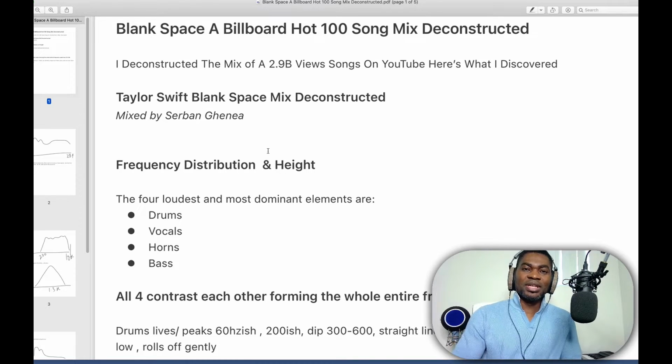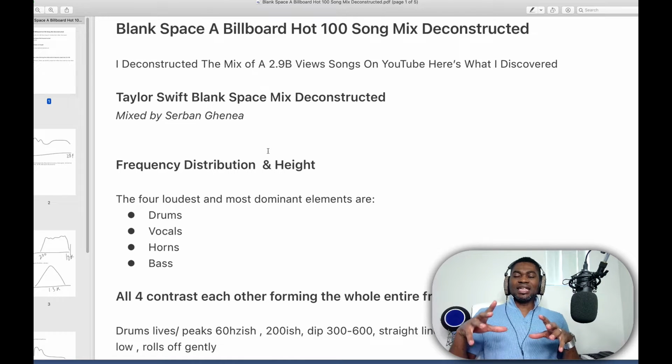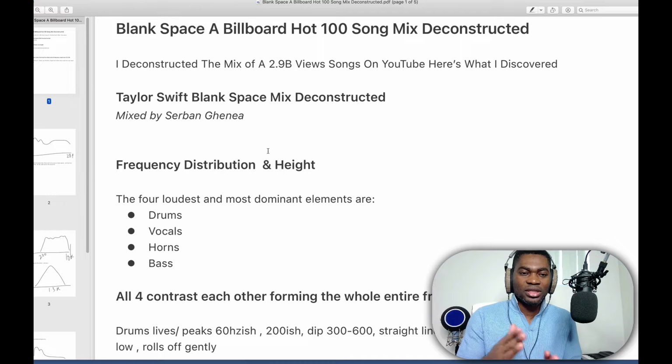Understanding this concept, every element of the song is being categorized into 4 places: drums, vocals, horns, and bass. That's like the main component of that song. If you go listen to Taylor Swift's Blank Space. When I did all my research and was breaking down the mixes, I broke them down into these 4 parts.